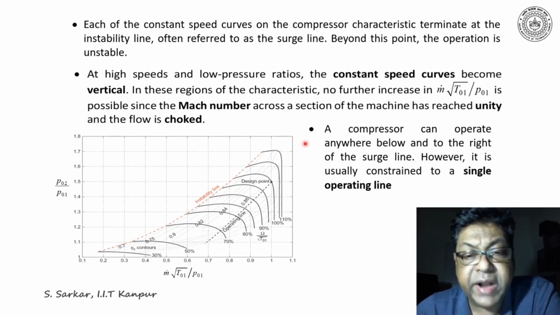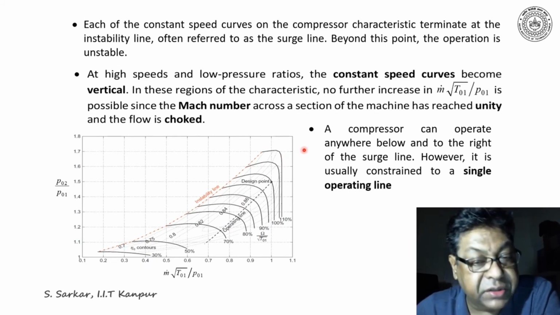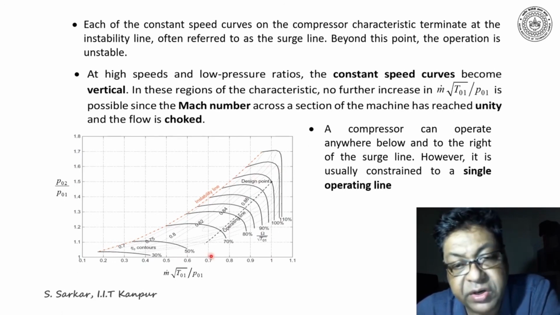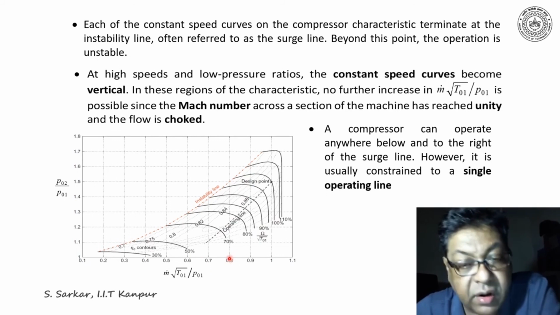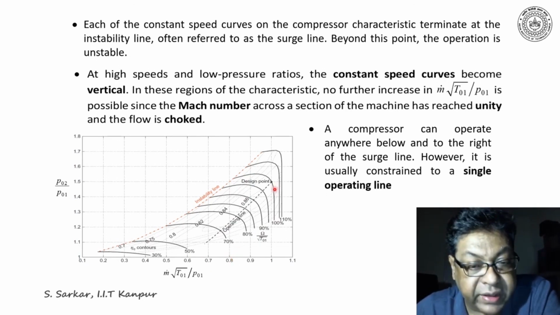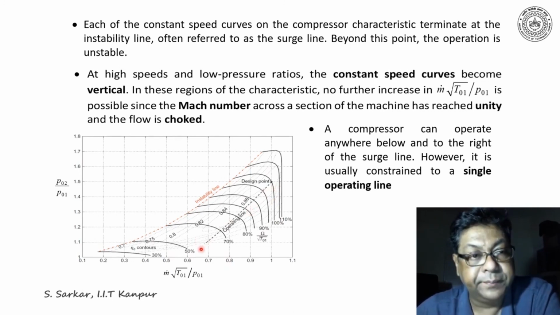A compressor can operate anywhere below and right of the surge line. Suppose in this region the compressor can operate. However, we usually constrain it to a single operating line as expressed by the dotted line here.